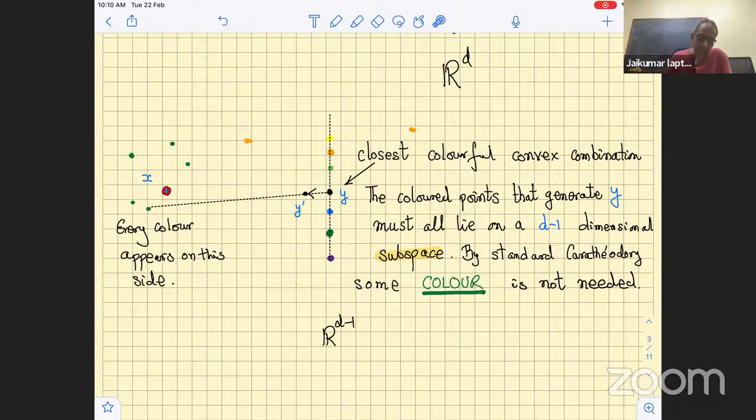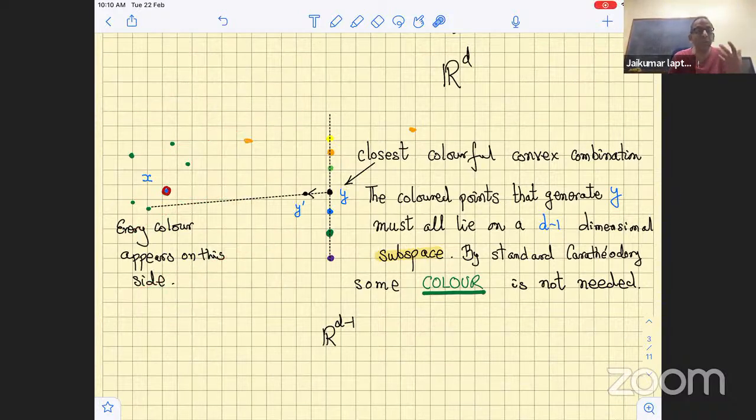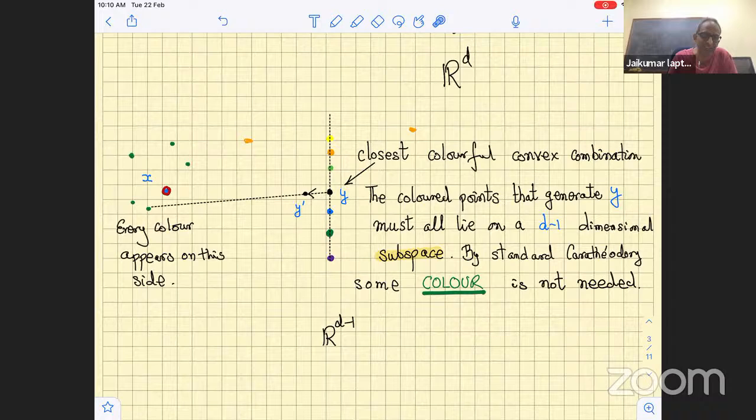Once again, we have established that this y is a convex combination of just D points, which means one of the colors is available to us. The question is, is there a representative from that color on this side? Well, your point x is on this side, and x is in the convex hull of the green points. So one of the green points has to be here. If all the green points were on this side, then their convex hull would also have been on that side.